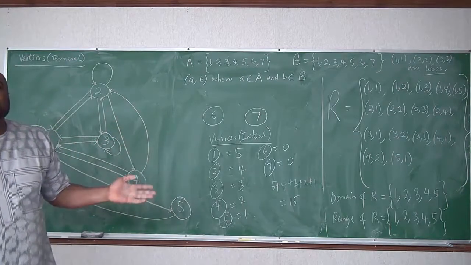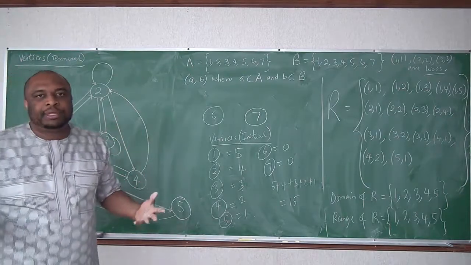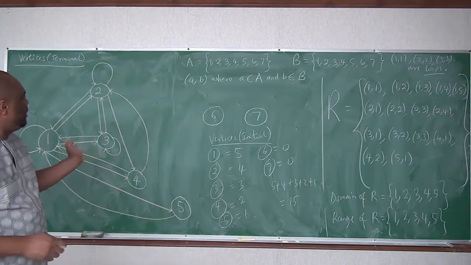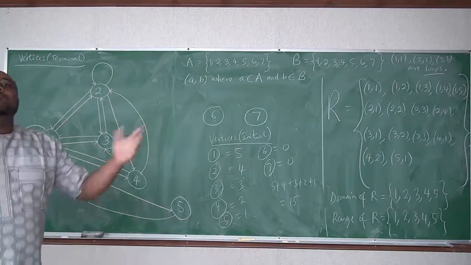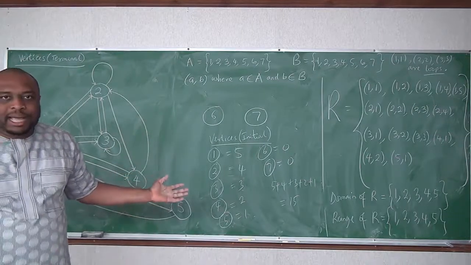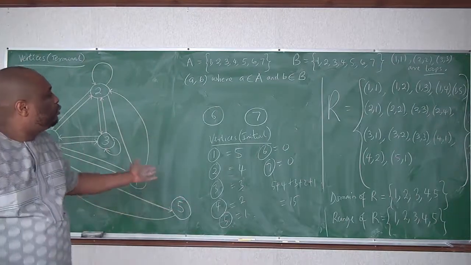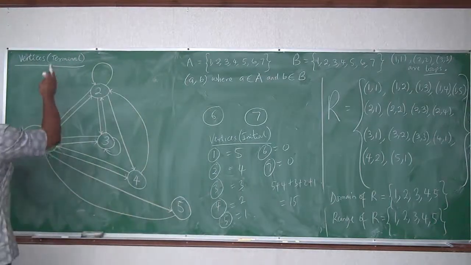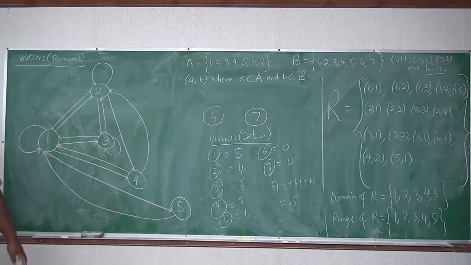How many sets of ordered pairs are in the relation? So even if they give you a diagram and they ask you how many sets of ordered pairs are in a relation, you could just do it by vertices initial or vertices terminal, the terminal vertex of the edge.